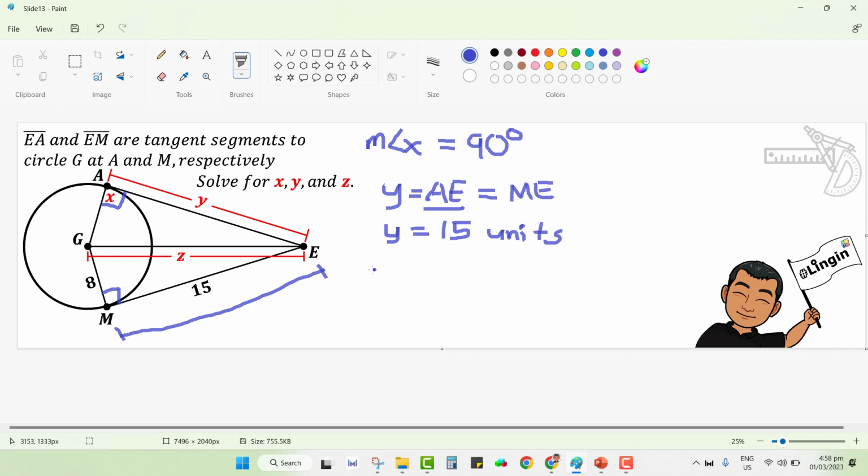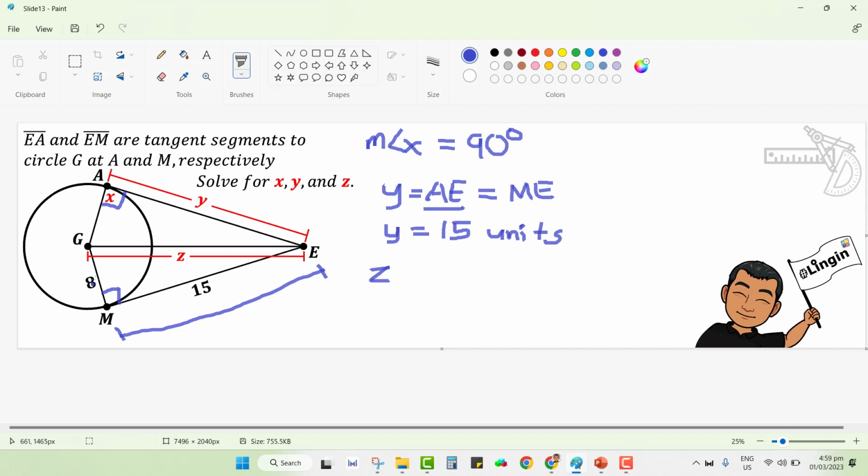Now, going forward to z, this is where I have shared earlier the presence of a right triangle here. We could use the upper right triangle or the bottom. Nevertheless, they are both right triangles, right? And they have the same measurements here for tangent segments.